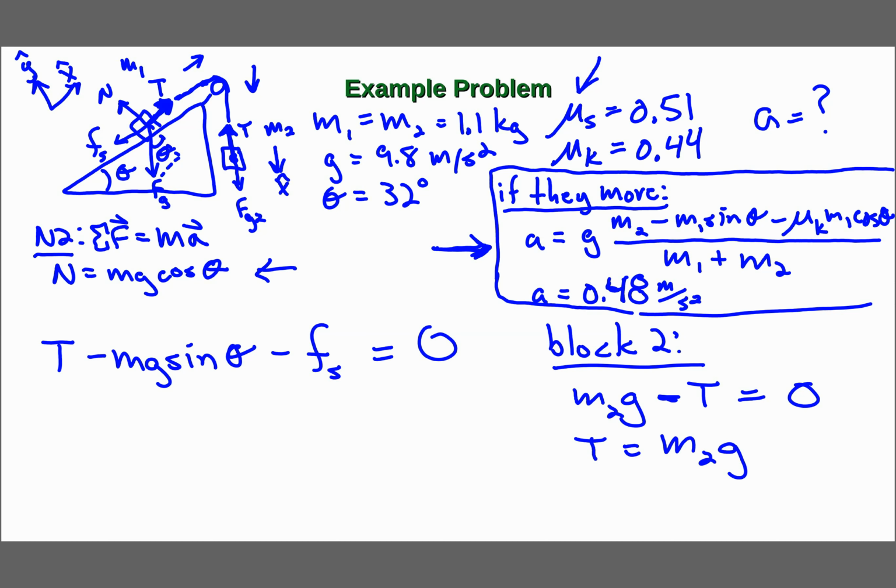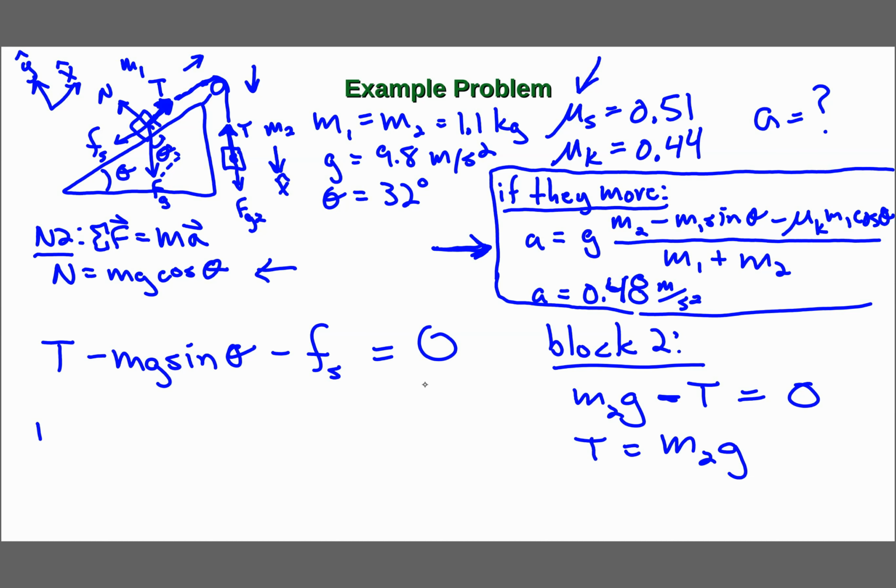If I'm letting block 2 fall, I'm not supporting the entire weight, right? Because there's a net force on it down. So I'm supporting some fraction of the weight of block 2 when it's falling. In this case, where it's sitting still, tension has to support the entire weight of block 2. So the force of tension ends up just being equivalent to the weight of block 2.